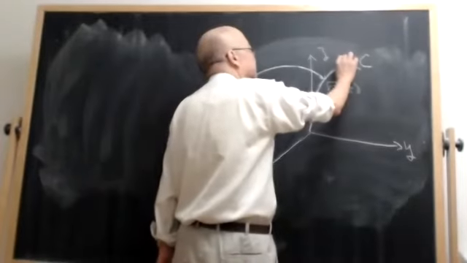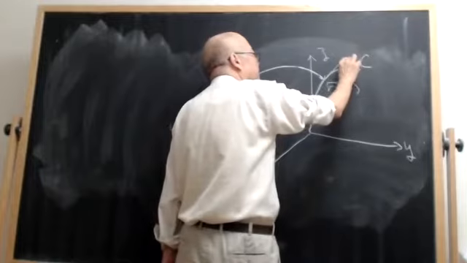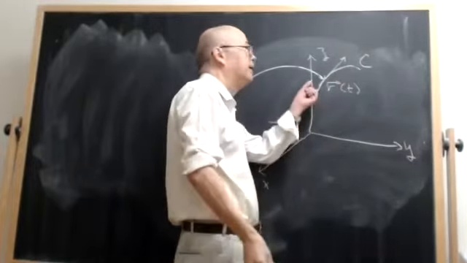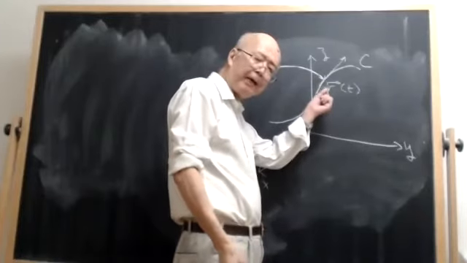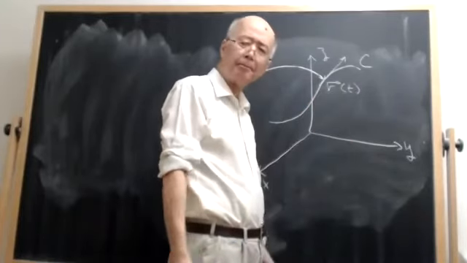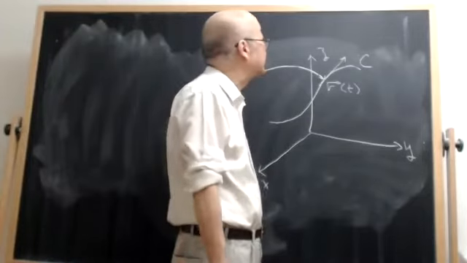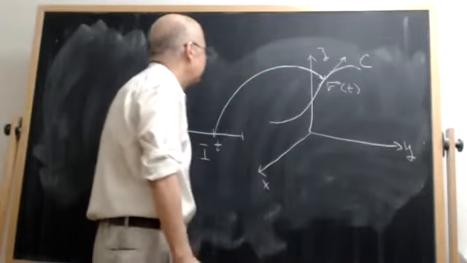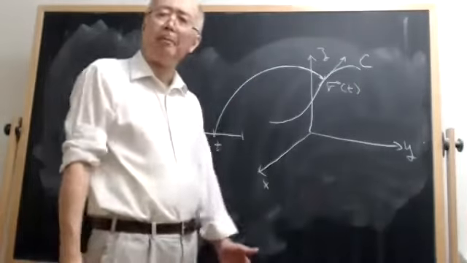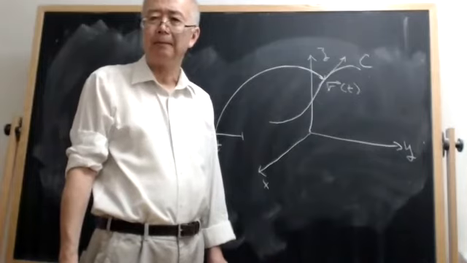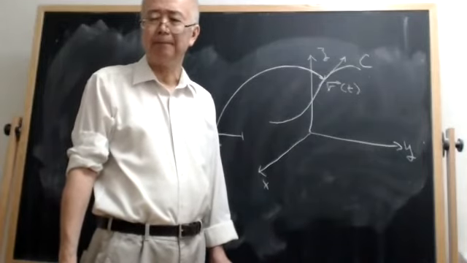It's a vector. It's the direction in which the curve bends. What is the formula for this tangent vector?